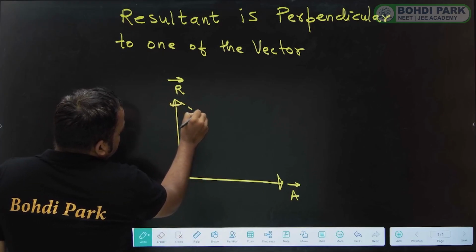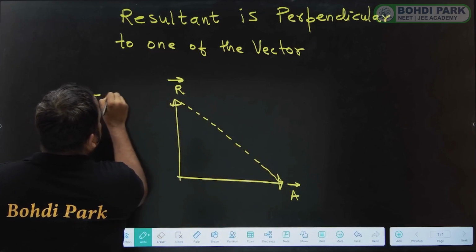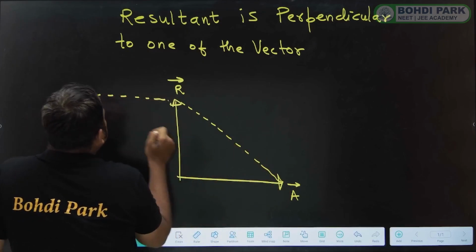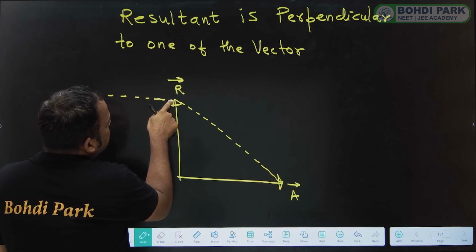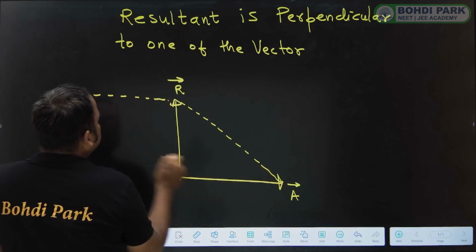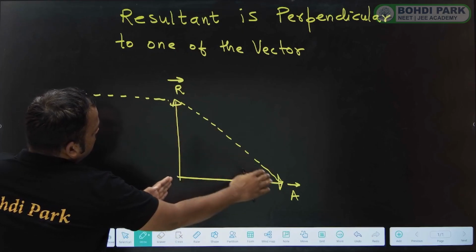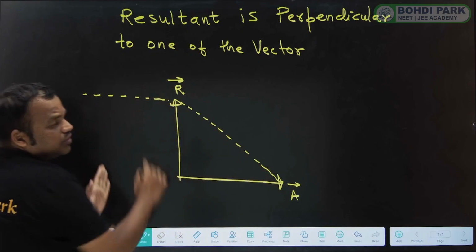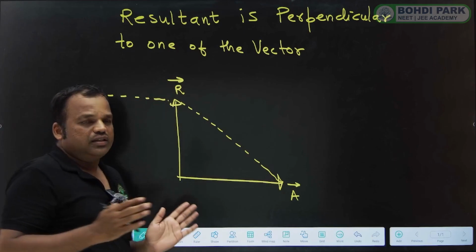So we have to draw the side of the parallelogram like this. Drop one line parallel to A vector and join the head of R vector with A vector. Then this is the line, and now draw one line parallel to this line, because in a parallelogram we have opposite sides equal and parallel.